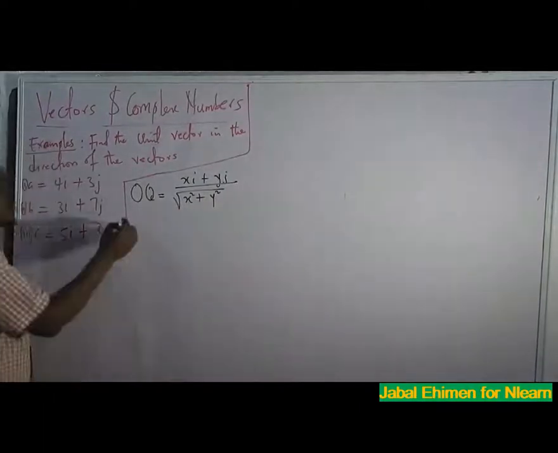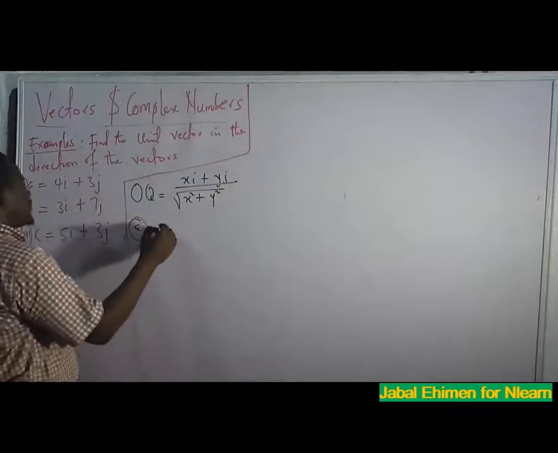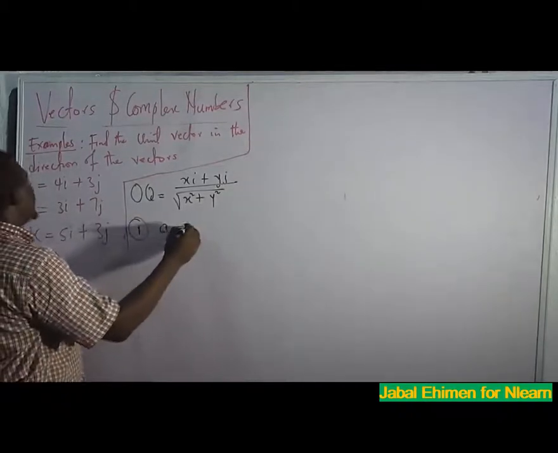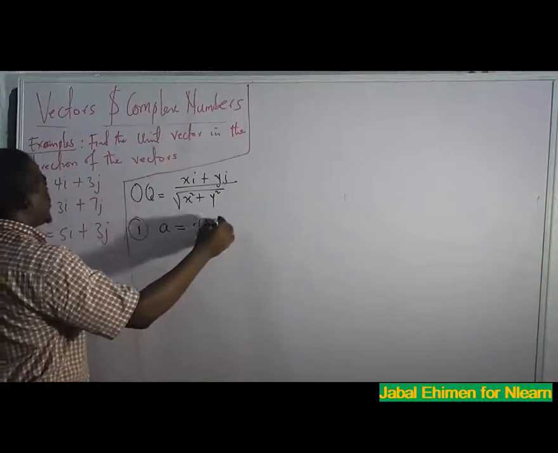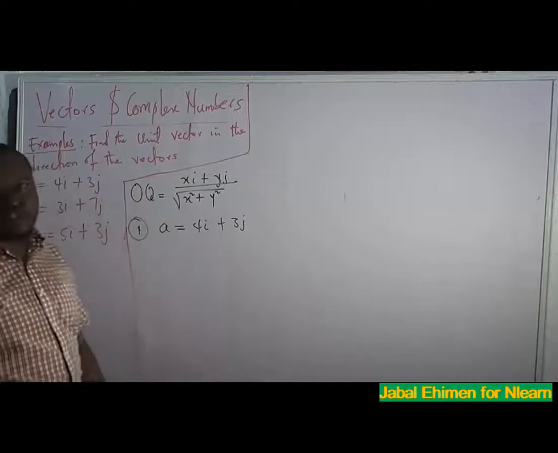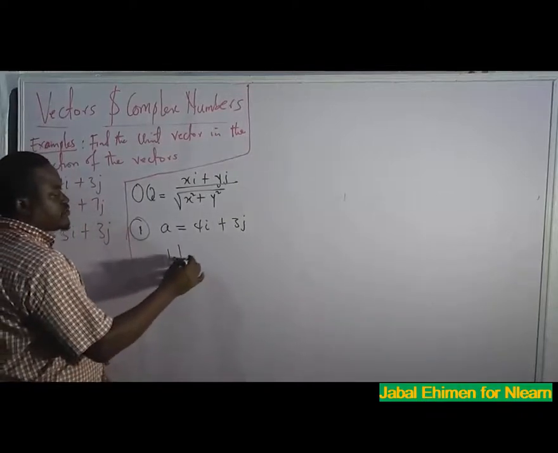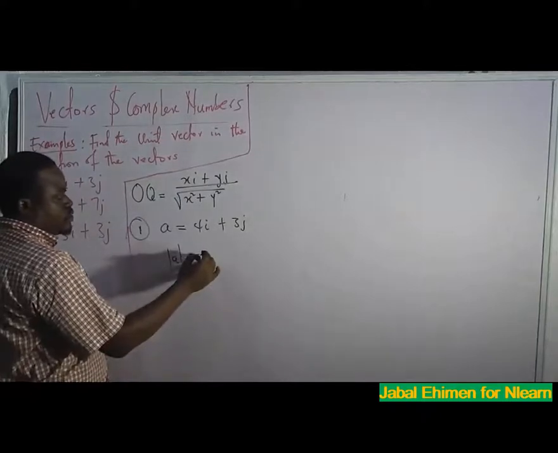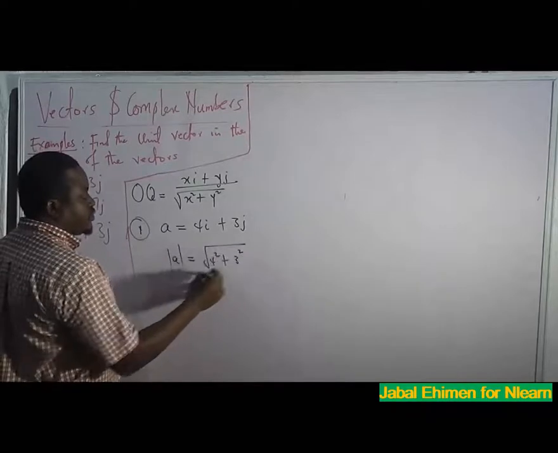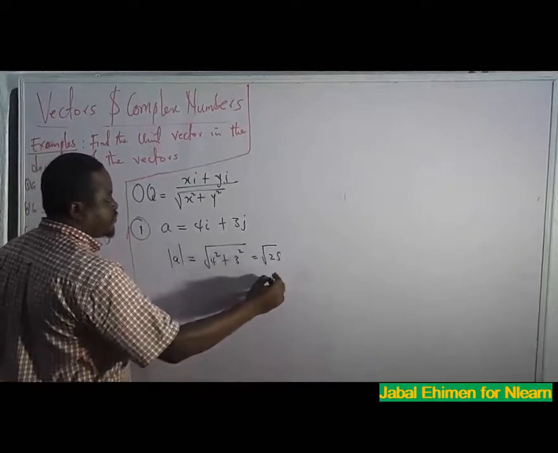Now, if I want to consider question A, it's simple. Question 1, A is equal to 4i plus 3j. First, let's find the modulus of this. The modulus of this is equal to the square root of 4 squared plus 3 squared, and surely that's the square root of 25, and that is 5.